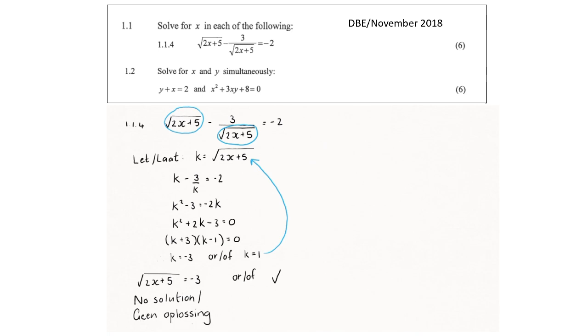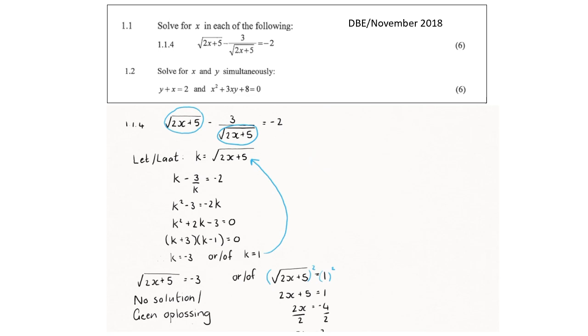If we look at the second equation, square root of 2x plus 5 equals positive 1. We can first get rid of the square root by squaring both sides of the equation, and then 2x plus 5 is equal to positive 1. And if we solve this equation, we get then that x is equal to -2.